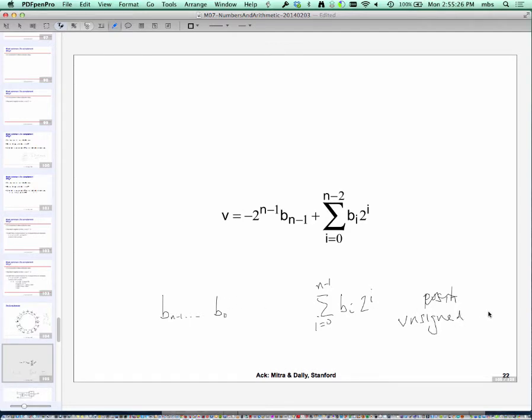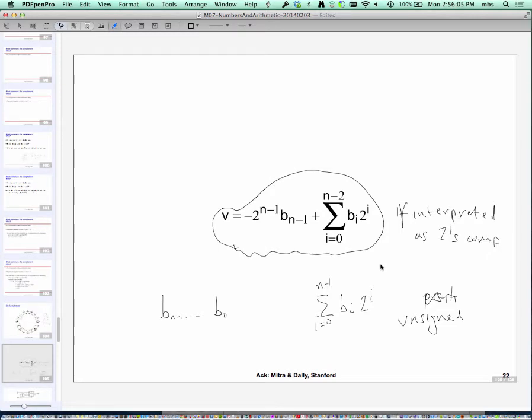This is a classical way of thinking about a bunch of bits as a number. But if we take the same bits and think of them as representing 2's complement numbers, then really what we are doing is this. This is if we interpret them as 2's complement.